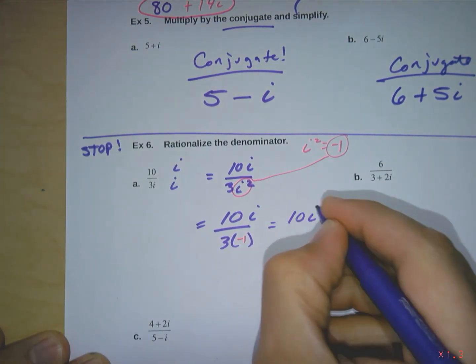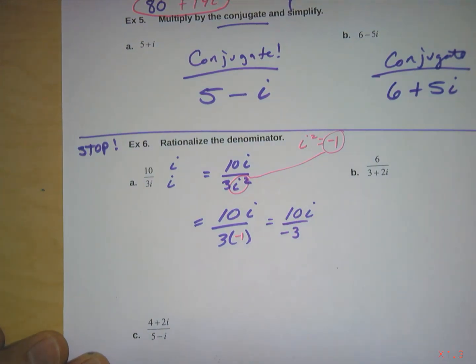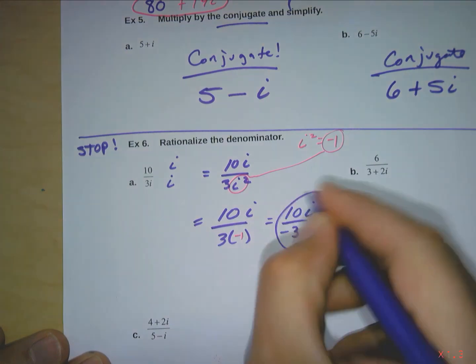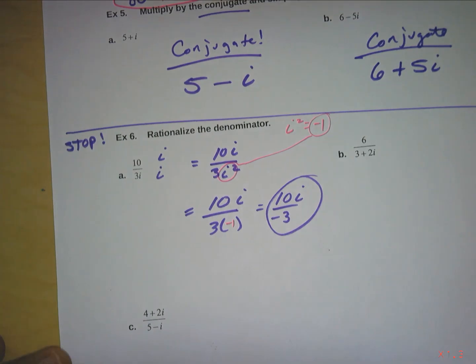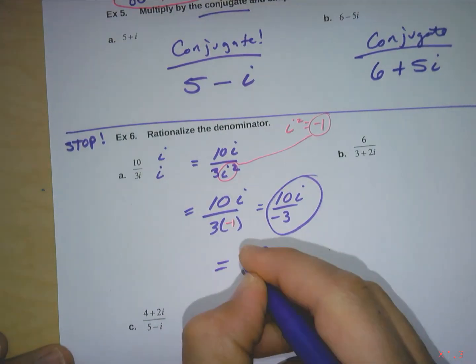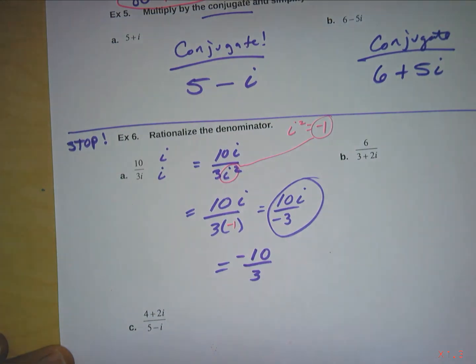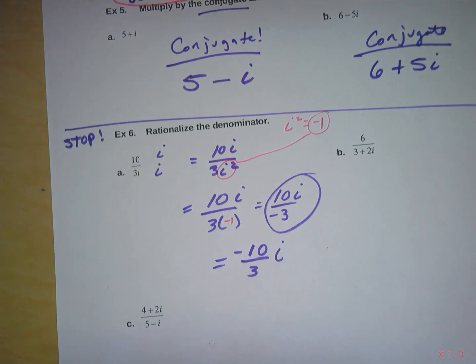So I end up with 10i over negative 3. For me, that's okay, I would accept that. If you're plugging this into MyMathLab and it's being fussy, then put the negative out in front, so it's negative 10 over 3, and put the i outside of the fraction.